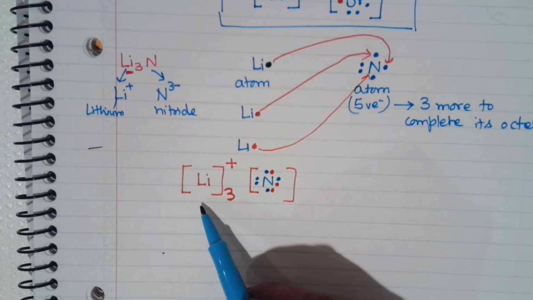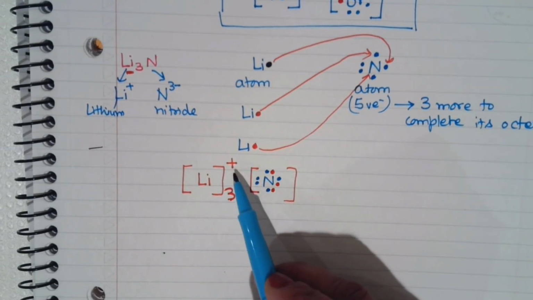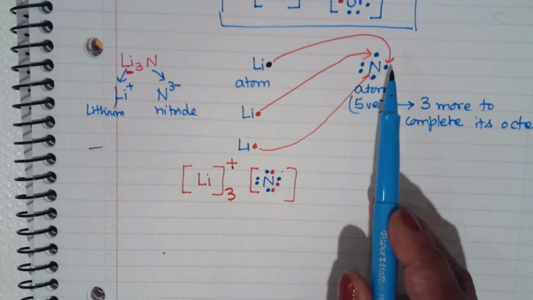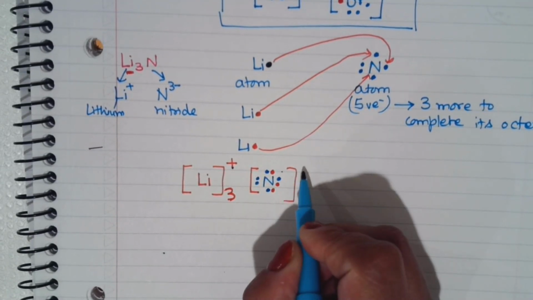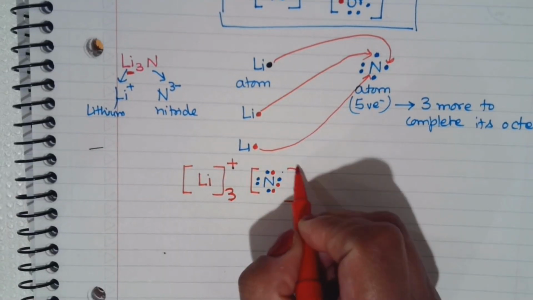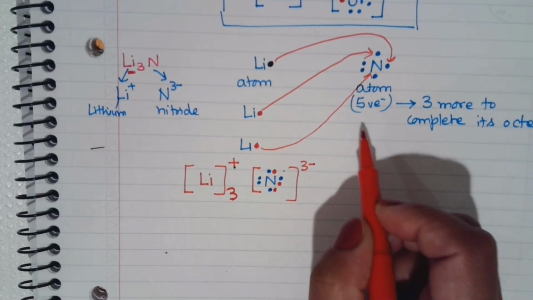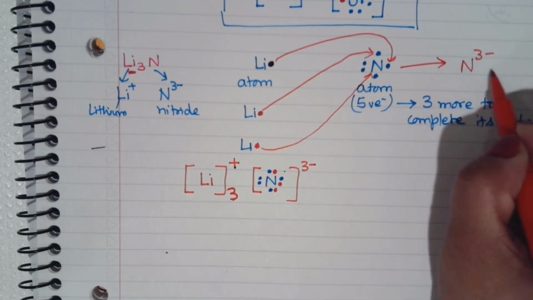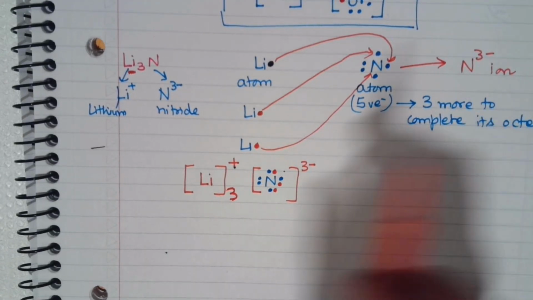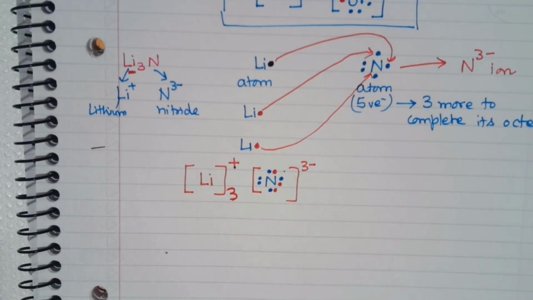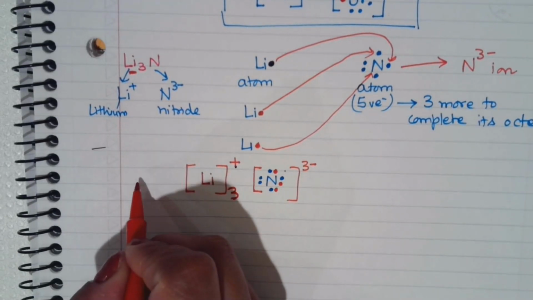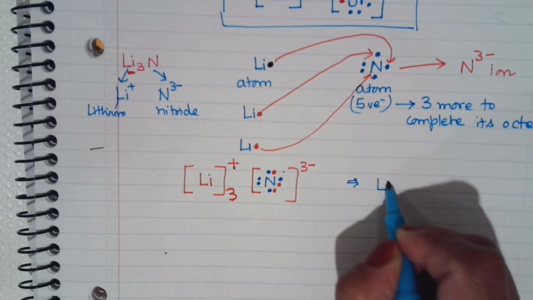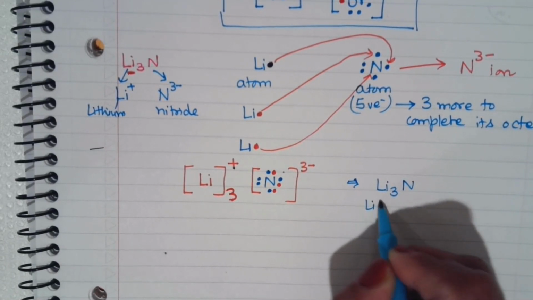Lithium loses electrons and forms a cation, whereas nitrogen gains electrons and forms a negative ion, right? So we will have to put a charge of 3 minus because nitrogen makes N3 minus ion, nitride ion, right? So now we have these two. So this is the Lewis dot structure for lithium nitride.